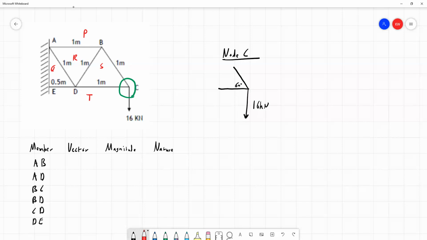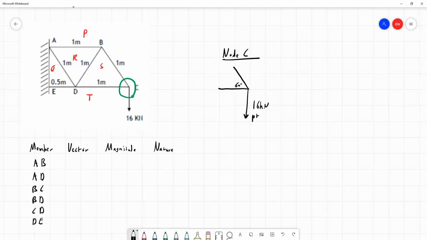This allows us on our space diagram for node C to indicate what the names of these vectors must be. So we're going to call our downward vector, the 16 kilonewton vector, PT because it's between the spaces P and T.